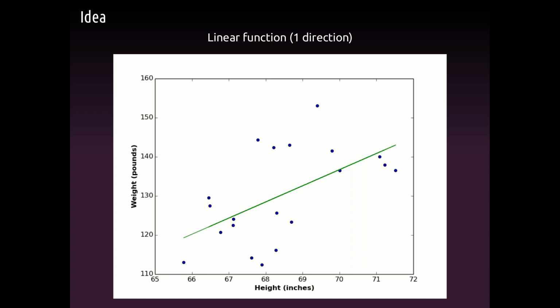So here this green line, when we read it from left to right, we notice that it has only one direction. So this is a linear function, or we can call it a polynomial function of the first degree because it has only a single direction.